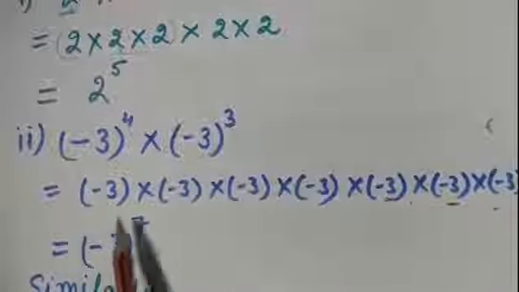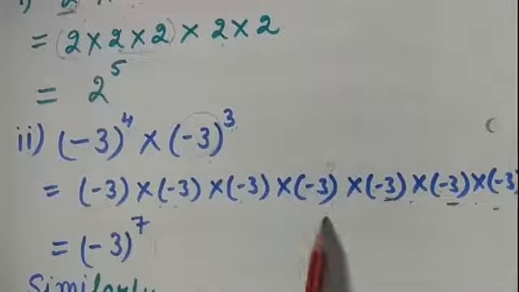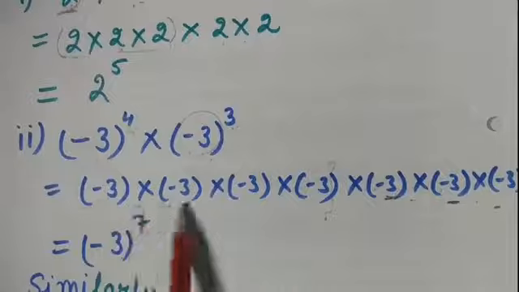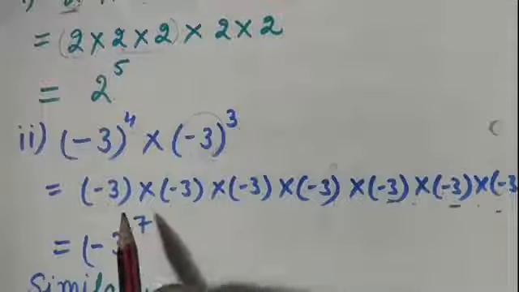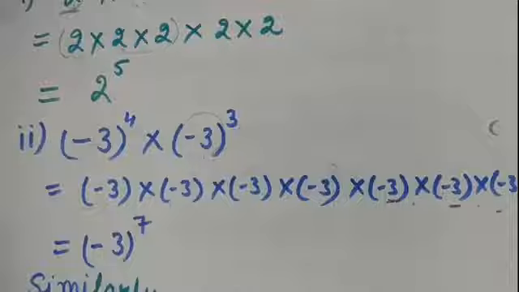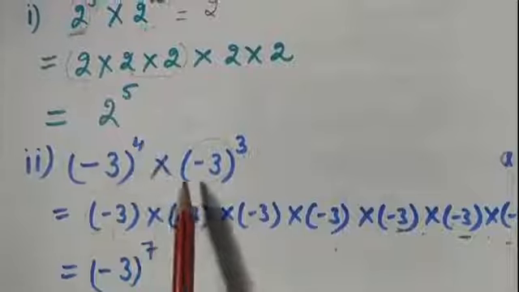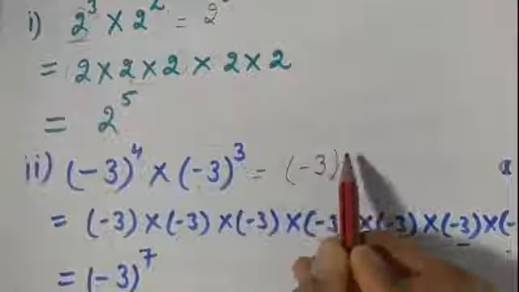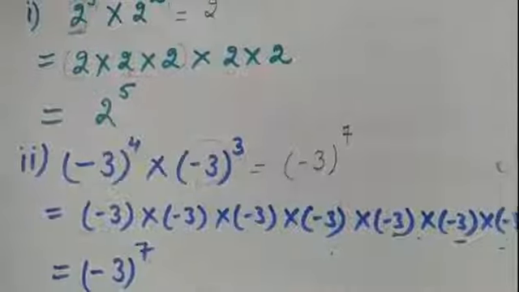So in exponential form, I can write the repeated multiplication of minus 3 as minus 3 raised to the power 7, because minus 3 is multiplied 7 times, and the power denotes the number of times the base is multiplied. So simply, minus 3 raised to the power 4 into minus 3 raised to the power 3 is equal to minus 3 raised to the power 7. This I have explained: why it is minus 3 raised to the power 7.